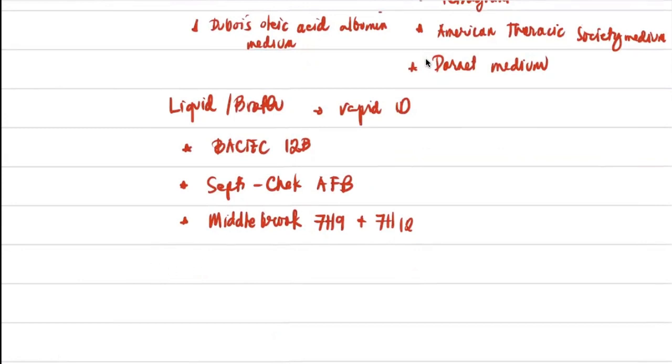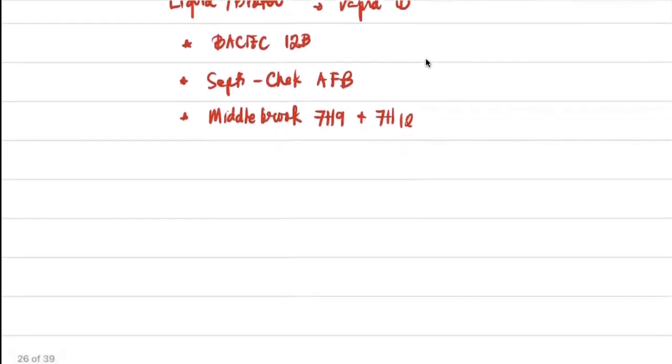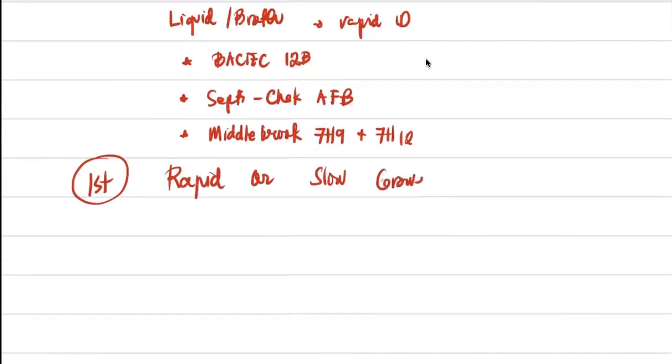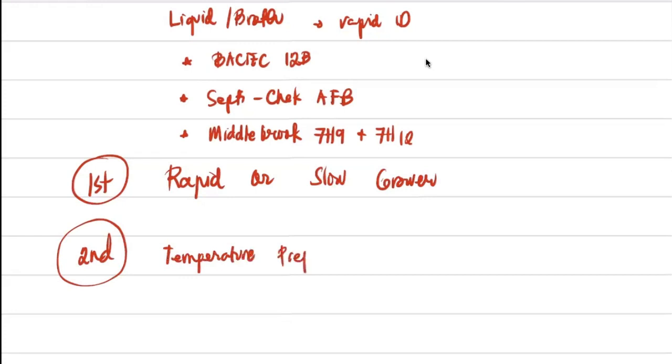So first, differentiate whether it is a rapid or slow grower. Then after that, the second step, usually chine-check yung temperature preference.